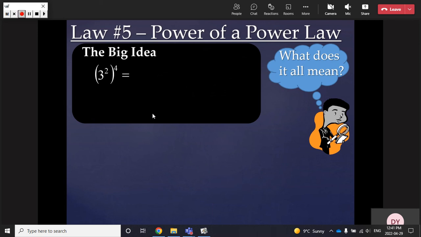Okay, I see what you mean. But my brain likes to work from the outside in sometimes. So what I'm thinking is, how many times are we going to multiply 3 squared by itself? 4 times. So we're going to get 3 squared times 3 squared times 3 squared times 3 squared. Yes?